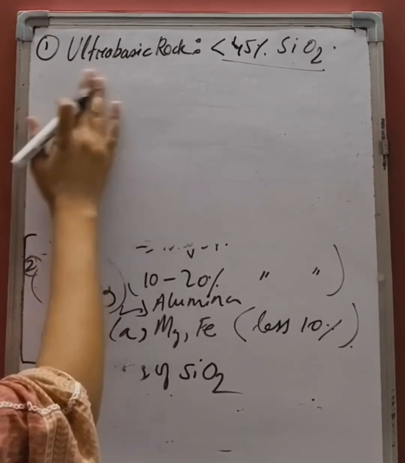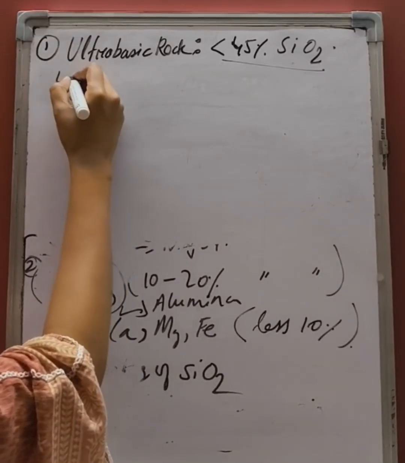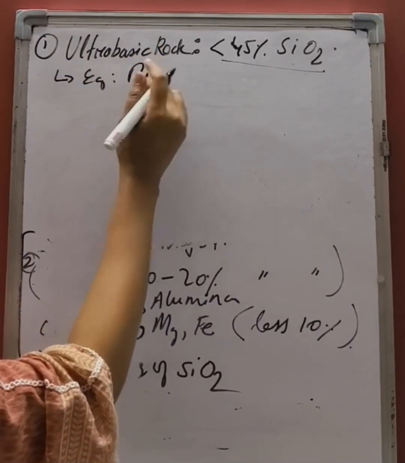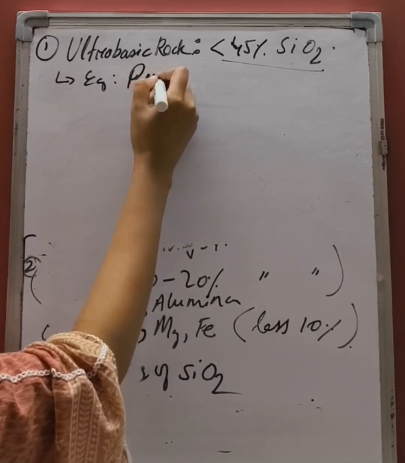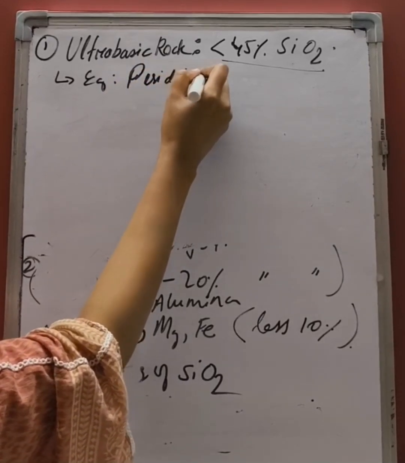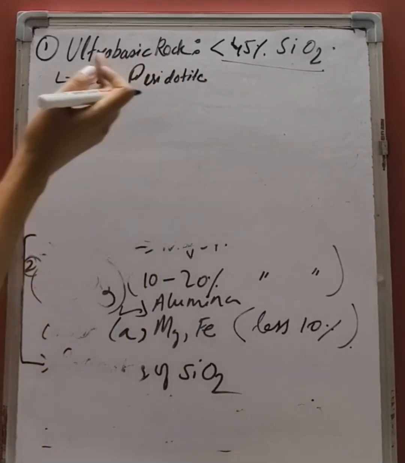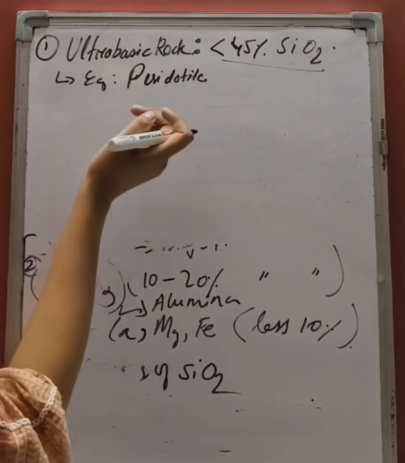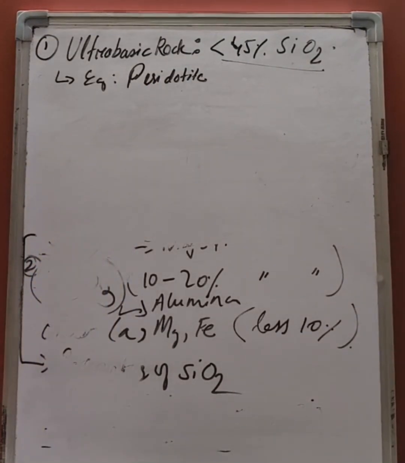For ultrabasic rock the example is peridotite. There may be many others, but this is the classic and most used example for ultrabasic rock.